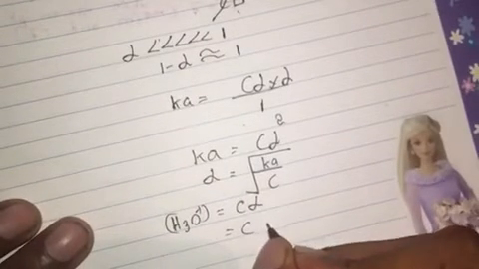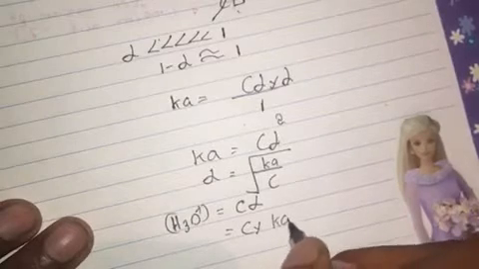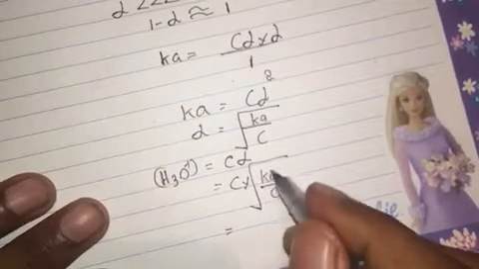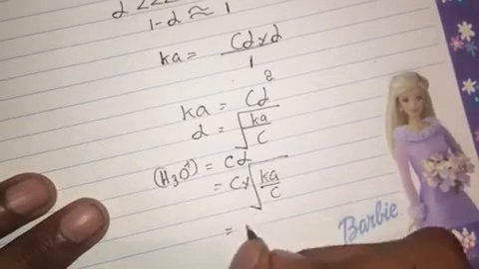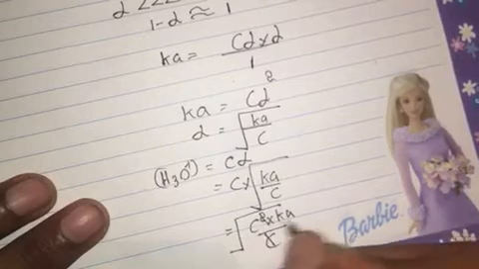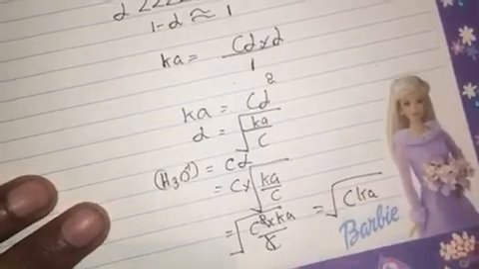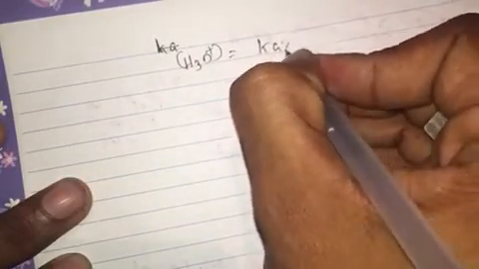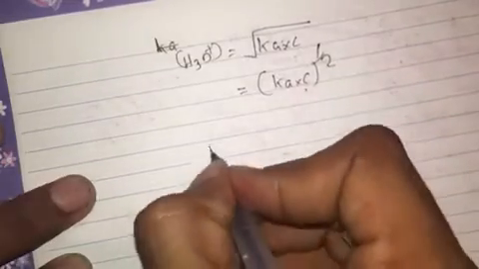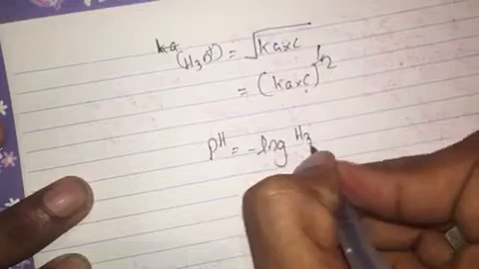Now we apply alpha equals square root of Ka over C. We can simplify by taking C into the square root, so it becomes square root of C squared Ka over C. Now simplify this C: square root of Ka C. So [H3O plus] equals (Ka C)^(1/2). pH equals minus log [H3O plus].